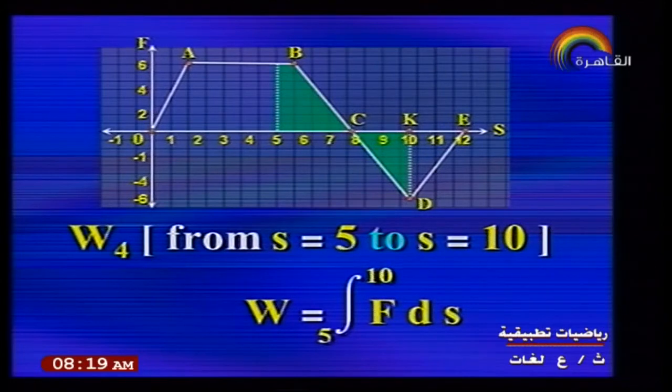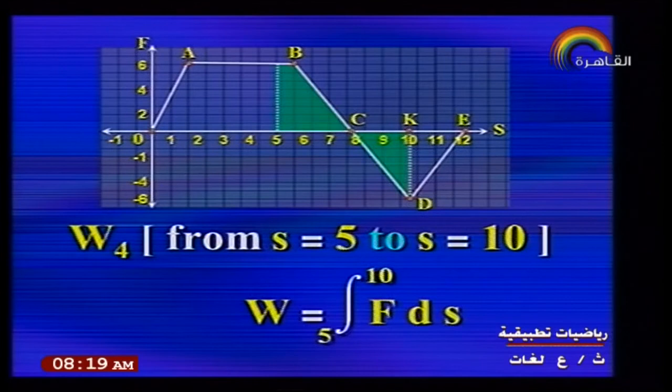Area of trapezium: base 1 equals 4, from 5 to 8. Base 2 equals 1, from 5 to 6. What is the height? Equals 6. Then area of trapezium, its bases 4 and 1, its height equal 6.